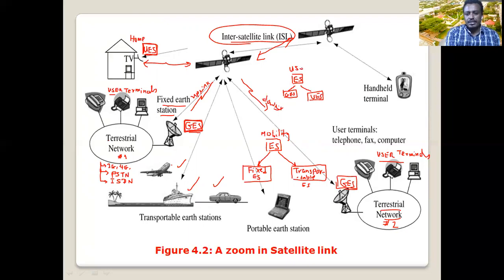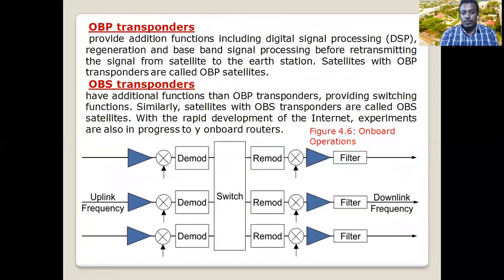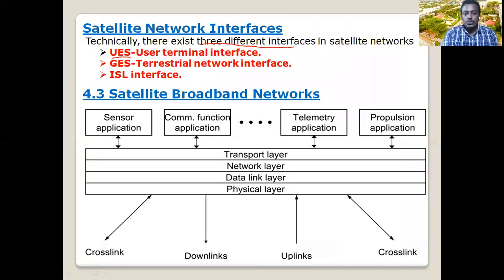Is it direct access to the satellite or through networks? Based on the user, we classify into GES and UES. So here we have an interface, which we call the user terminal interface. That's the first type of interface in satellite networks. To interface user equipment, user terminals, with the satellite, there must be an interfacing protocol.